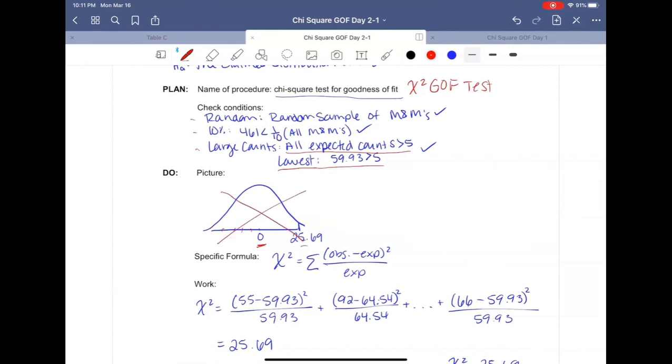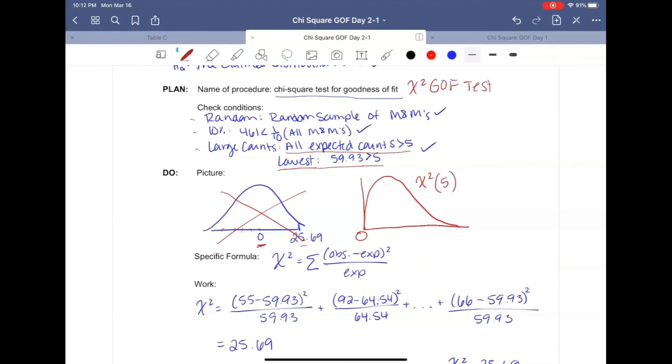And instead, how your picture should look, well, we talked about how the best chi-squared you can get is 0. So I'm going to start with a 0 here. And then it's actually going to be a right skewed distribution. So when you're drawing these, what you should do is you should label chi-squared. And then just like with a t-distribution, with a chi-squared distribution, we label degrees of freedom, which would be 5.